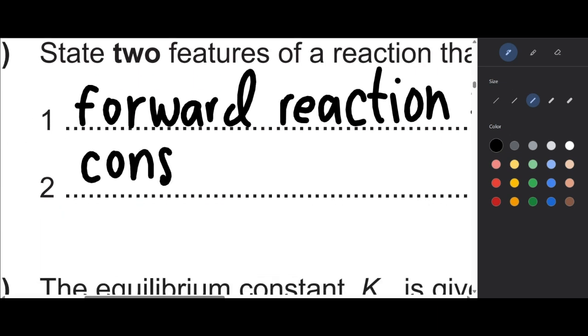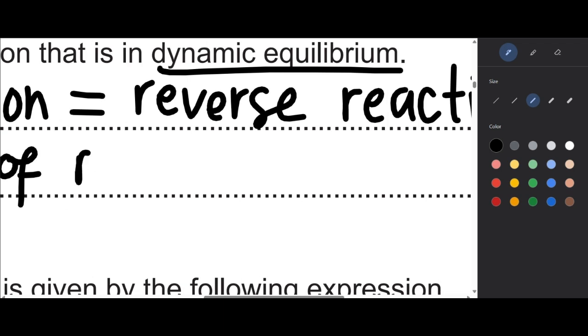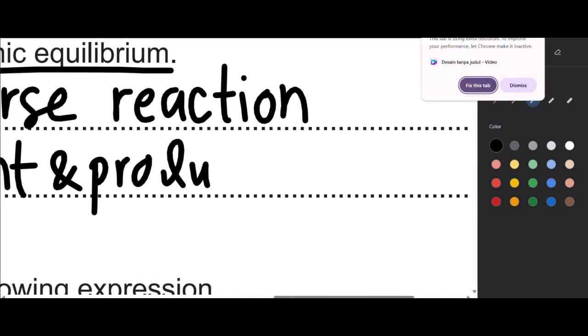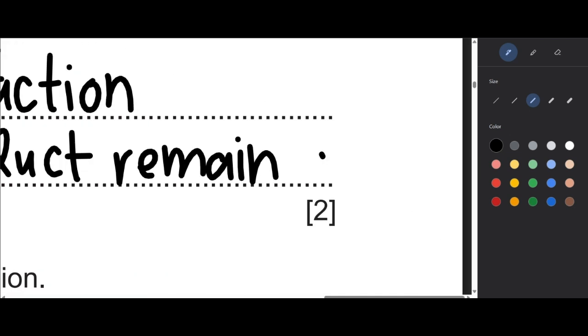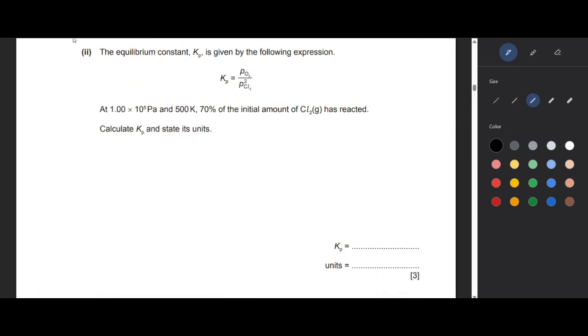Concentration of reactant and products remain constant. Okay, we move to the next question.